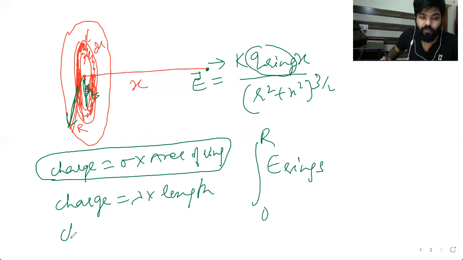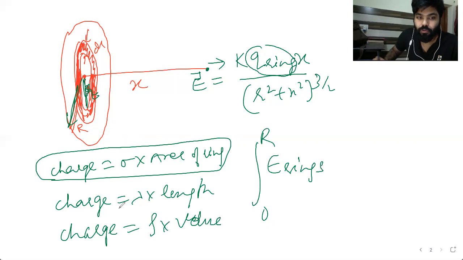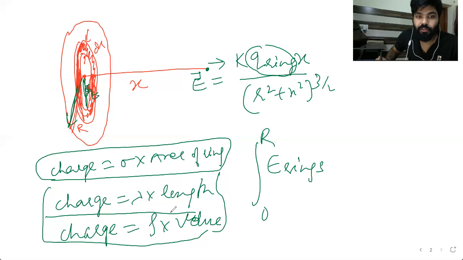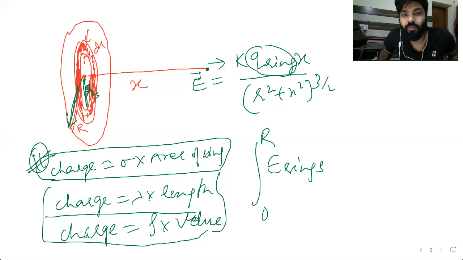In the case of a volumetric distribution, the charge comes out to be rho times volume. So here the charge is distributed over area, so the expression of charge on the ring would be sigma times area of ring.